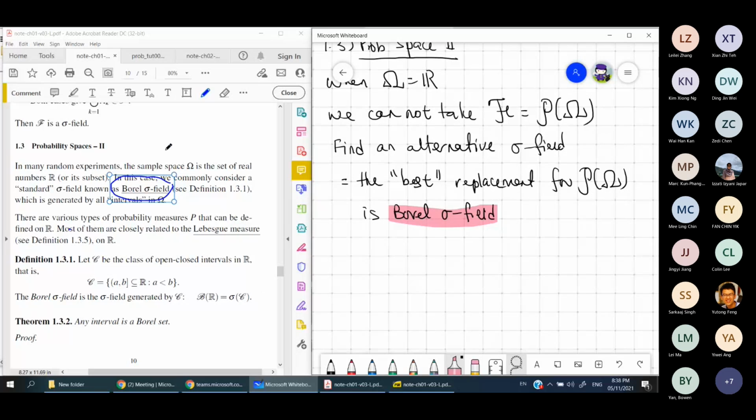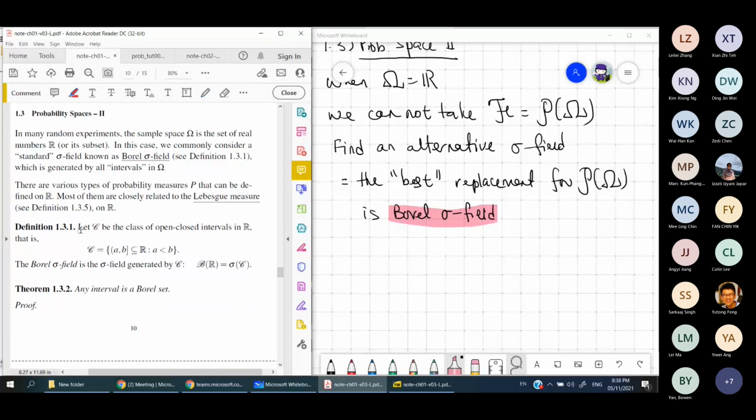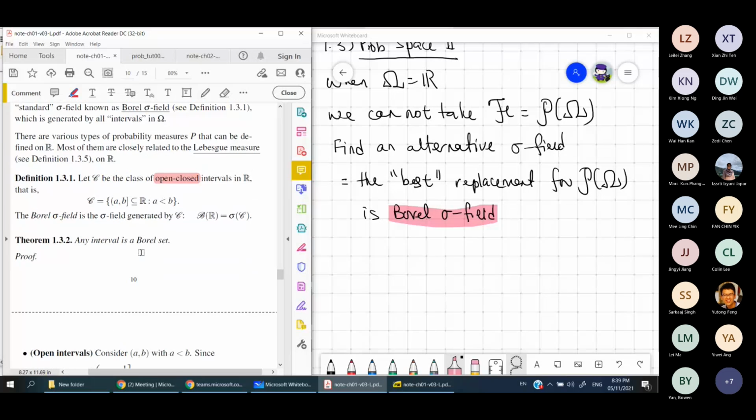Now we look at it. What is this Borel sigma field? That's the definition over here. We consider this class of open-closed intervals in R, that is, all the intervals open, excluding the first endpoint and including the last endpoint. Then the Borel sigma field is the sigma field generated by all these open-closed intervals.